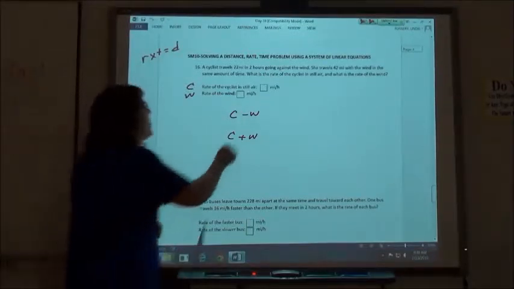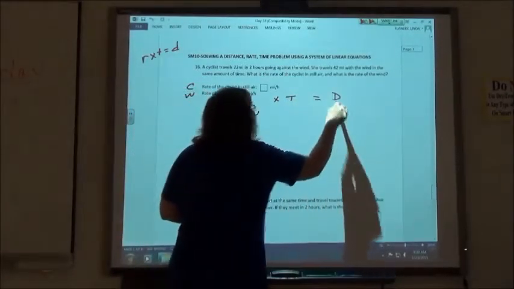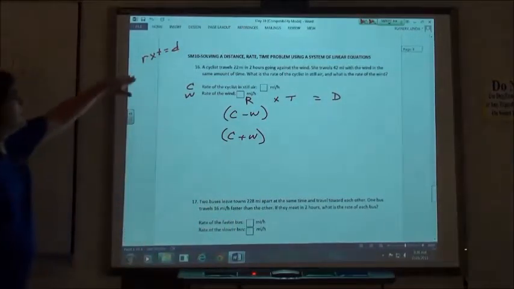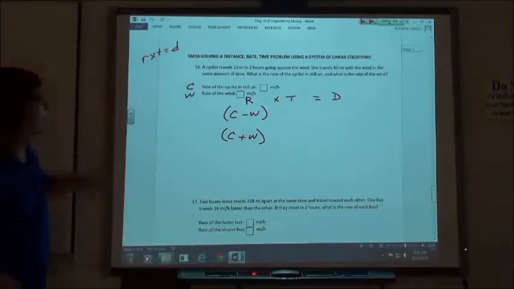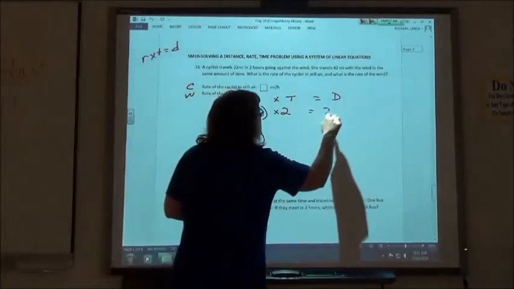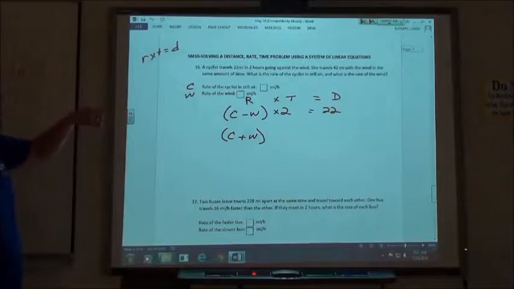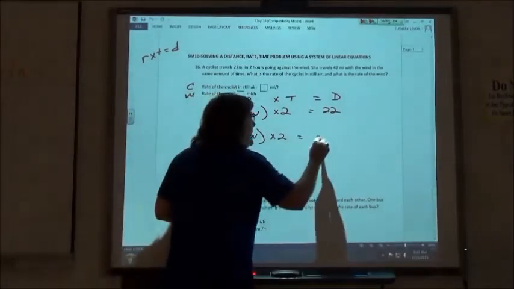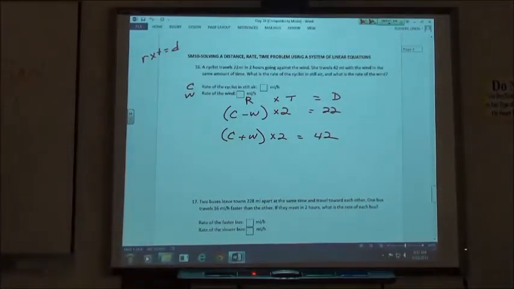So that's going to be my rate. My rate times my time is equal to my distance. The cyclist travels 22 miles in 2 hours going against the wind, so my time here is 2 hours and my distance is 22. She travels 42 miles with the wind in the same amount of time, so still 2 hours, but this time I went further, 42 miles.